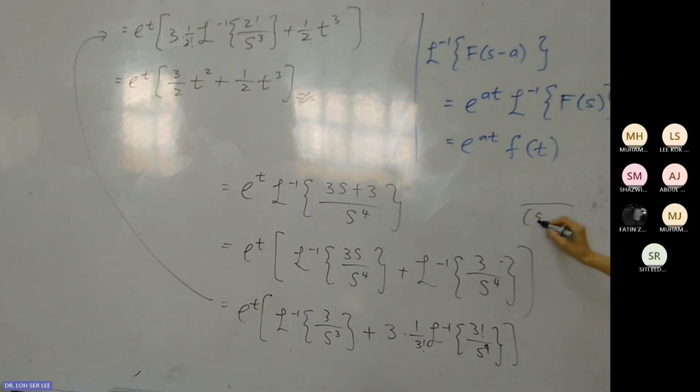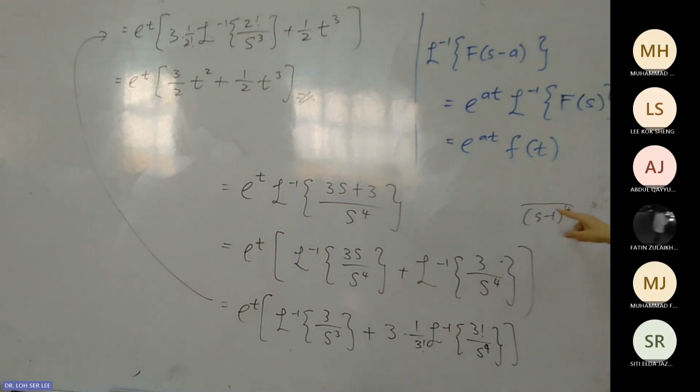We can't match any of the formula. But after you take out the minus 1, you have s to the power of 4, then you can apply t to the power of n. That's why we need first translation, to take out the minus a or plus a from the s.